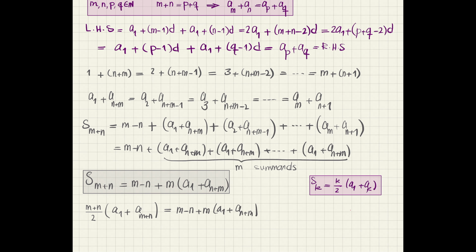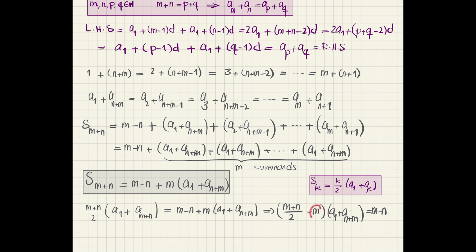Okay? And now you see that in principle I can calculate this part. So I move this to the left hand side and I factor this out. So what is left for me? So it becomes m plus n over 2 minus m multiplied by a1 plus a sub n plus m, and then on the right hand side m minus n is left. Okay, so now you can simplify this.